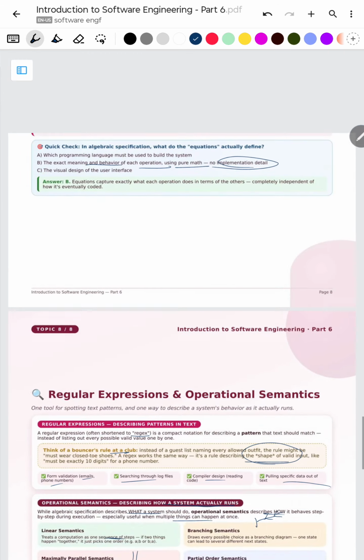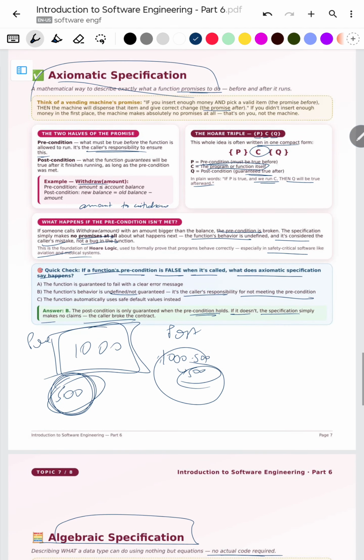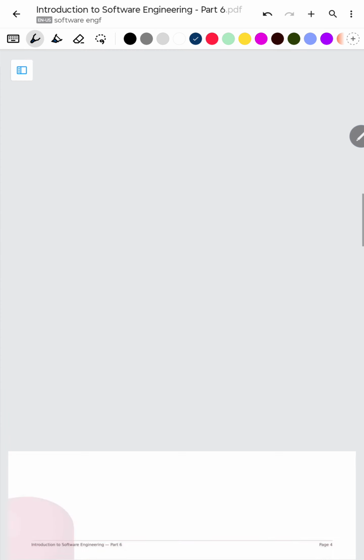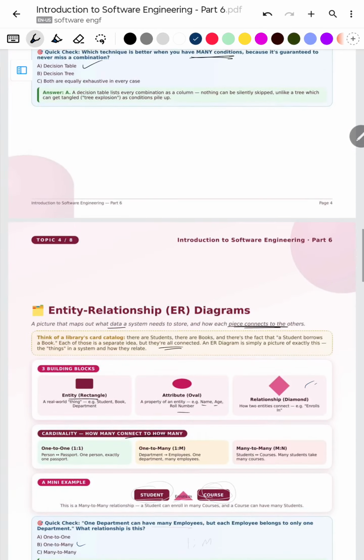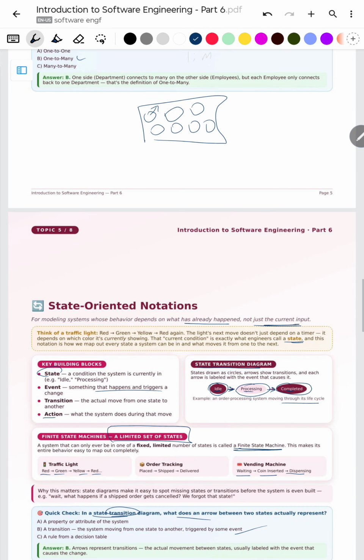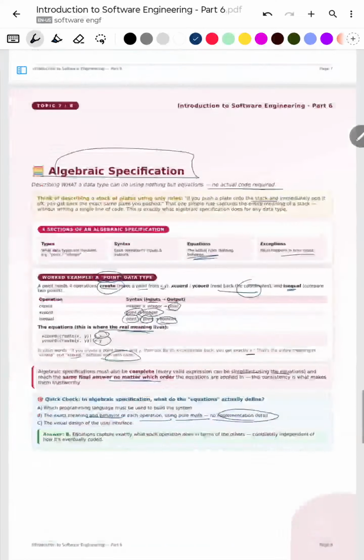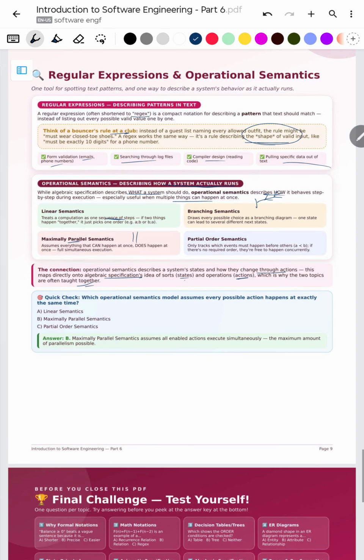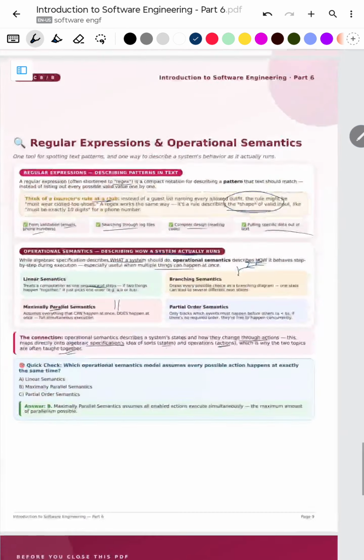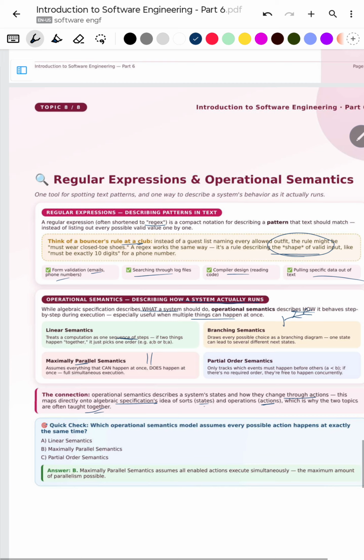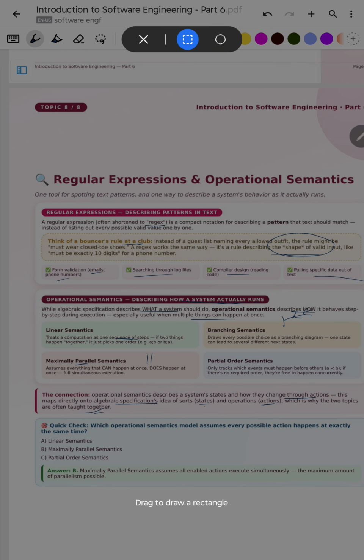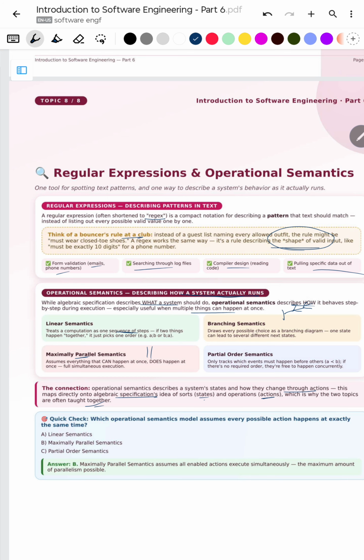We saw states and actions, and algebraic specification and operations relate to each other.